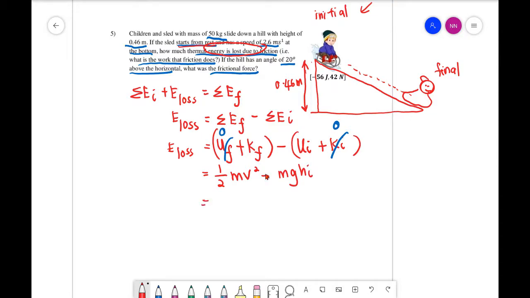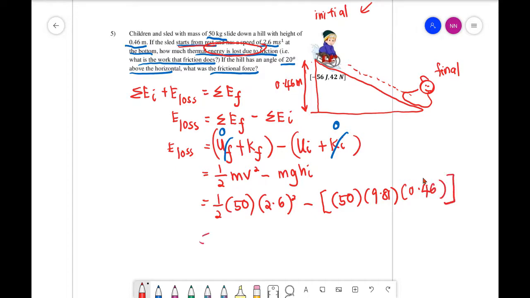We substitute the mass of the child and the sled, 50, and the final speed at the bottom of the hill, 2.6 squared. Then minus, in brackets, mass of the child and the sled times g 9.81 times height initial 0.46.